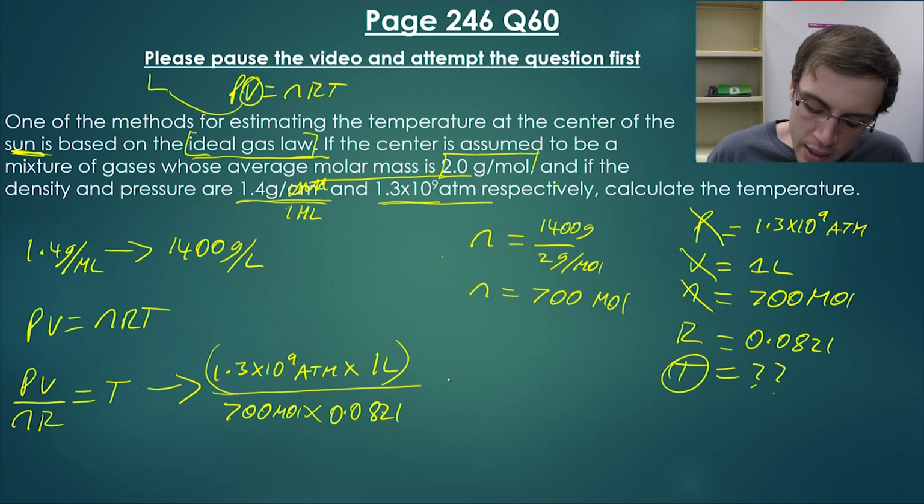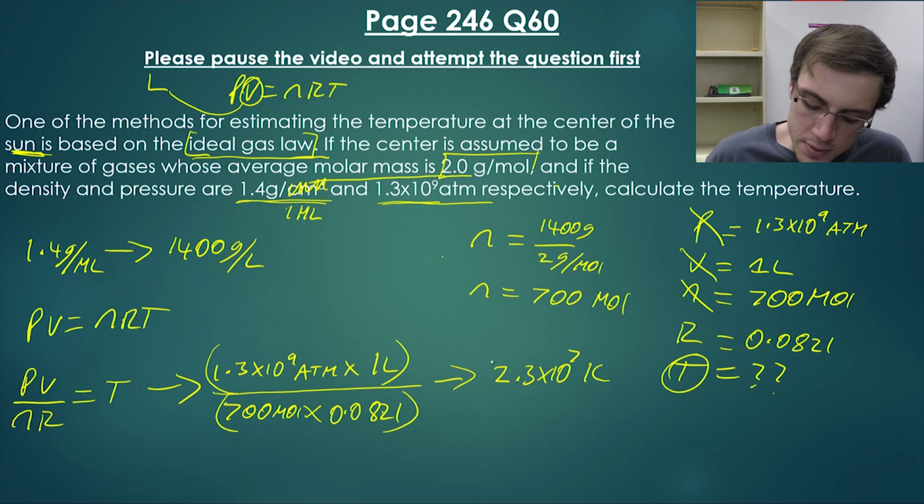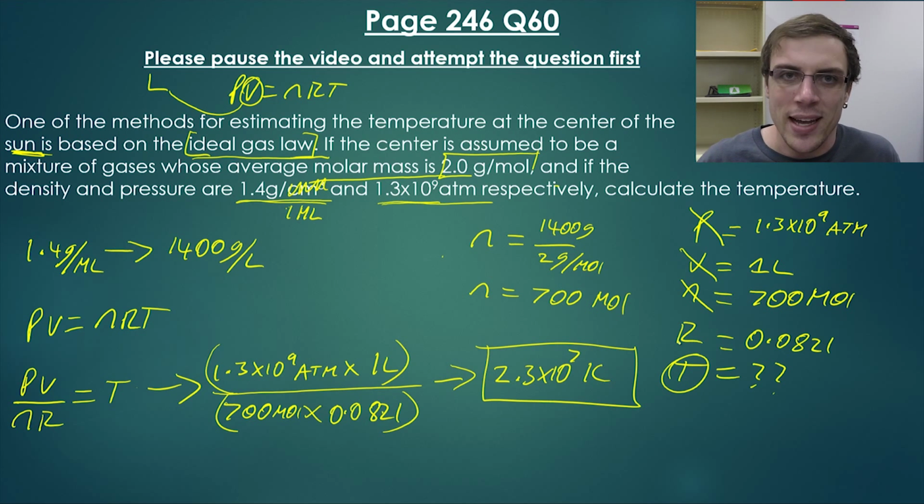Now we just pump that into the calculator, and that will give us a total temperature of 2.3 times 10 to the 7 Kelvin. Because remember, our temperature is always in Kelvin. And that is our total, or estimated, temperature of the sun.